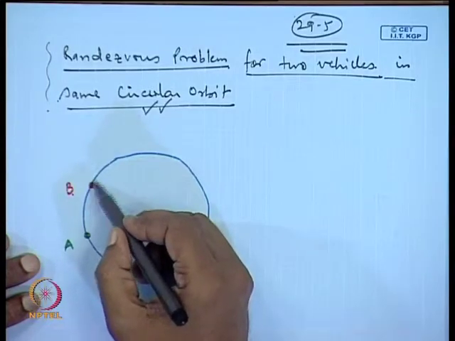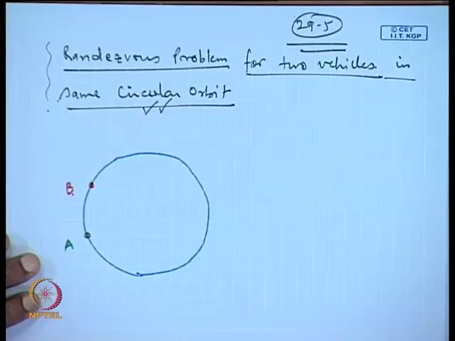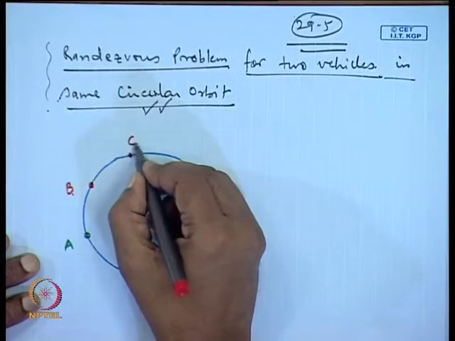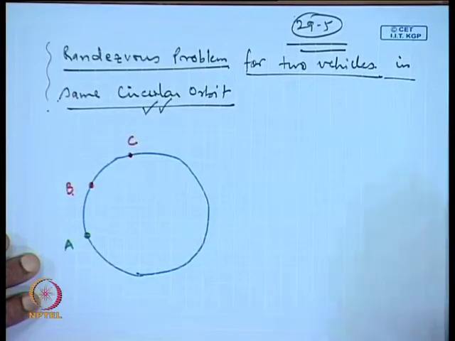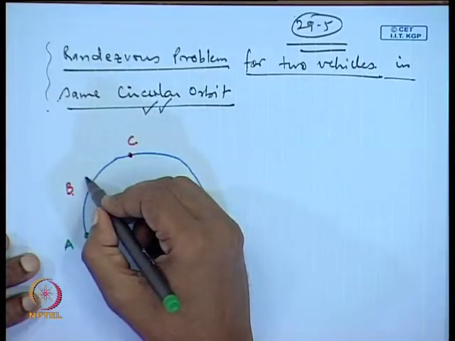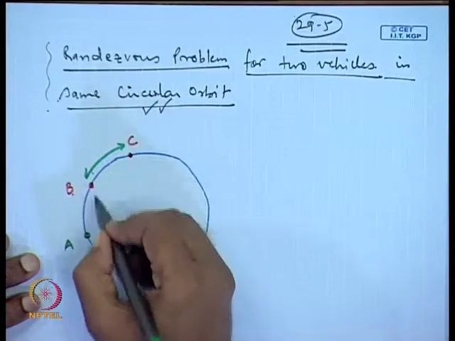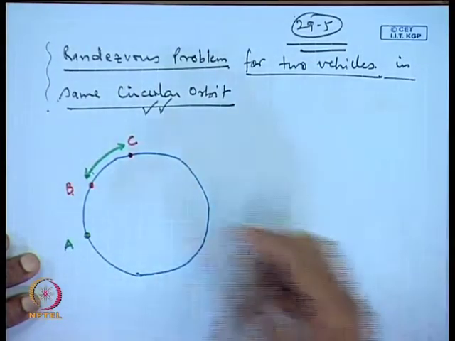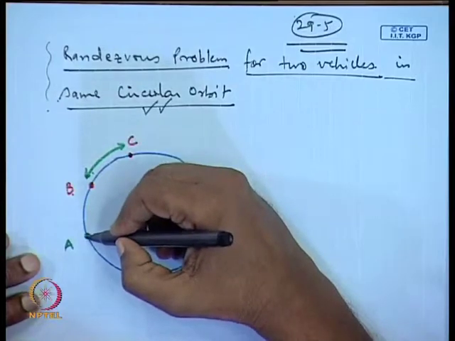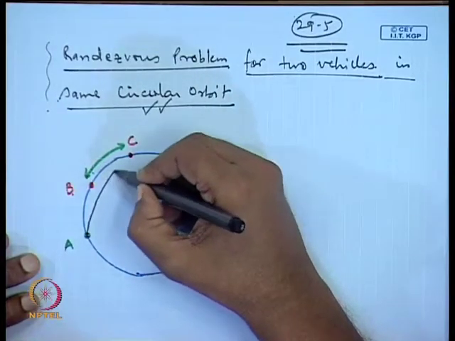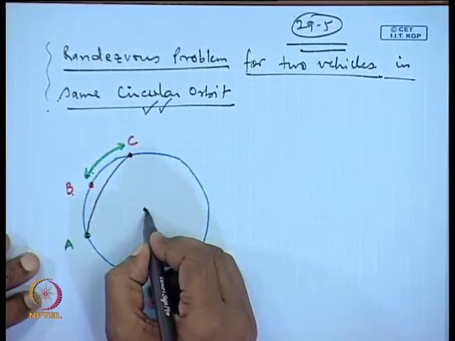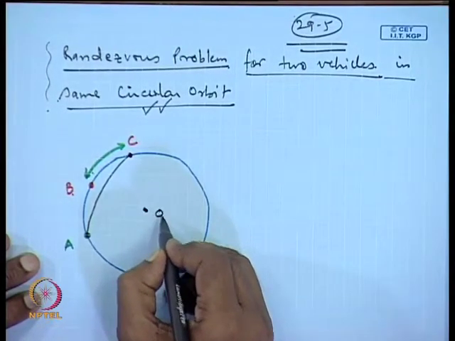So, once satellite B moves from B to another point, which is C, in the same time A will move in a different orbit and catch it, like here in this place, and here O is the center of this circle.